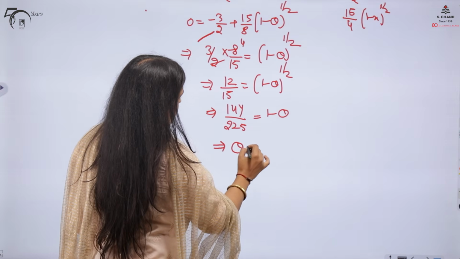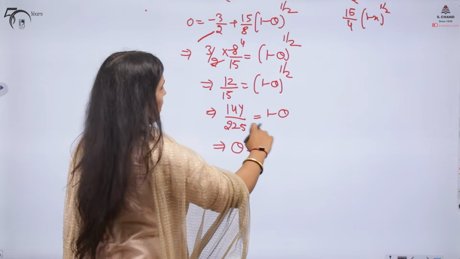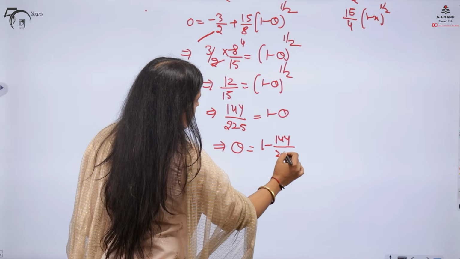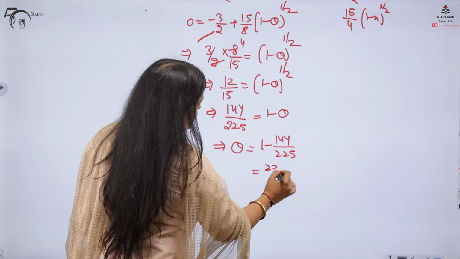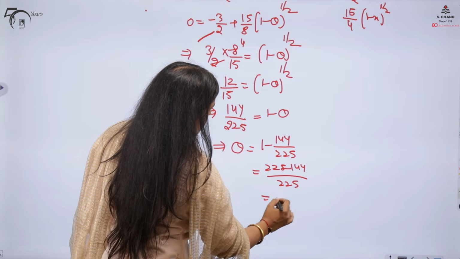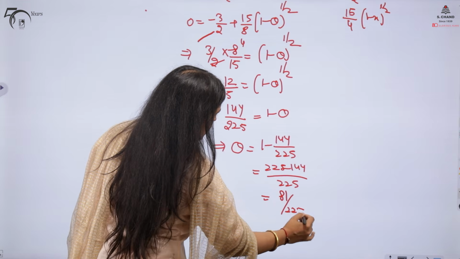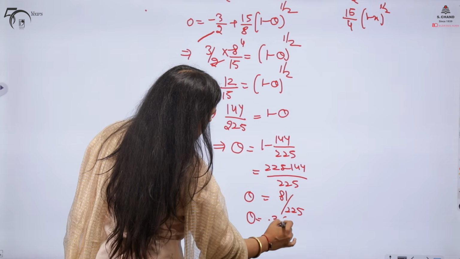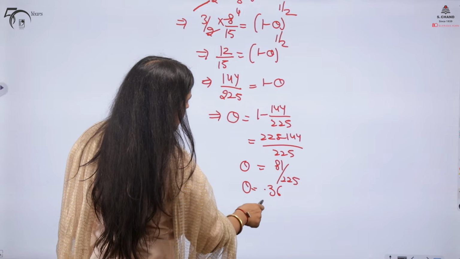This implies take theta to this side and this expression to that side. It will give you finally 225 minus 144, so 81 upon 225, and if you calculate it, this is 0.36.